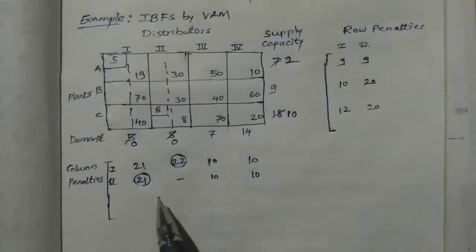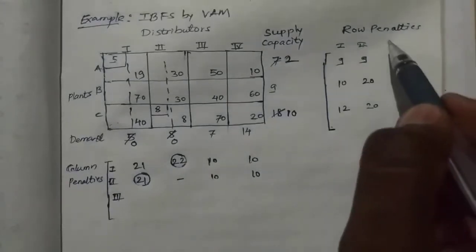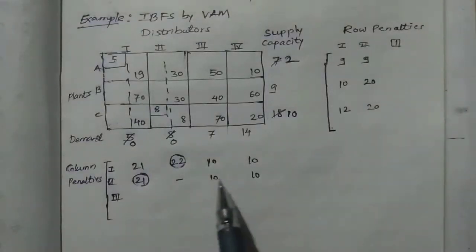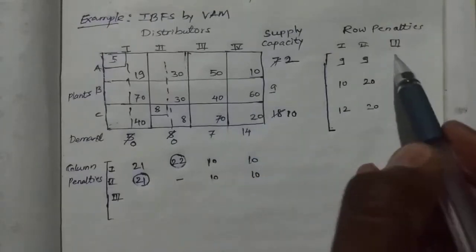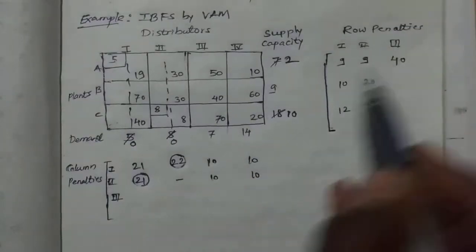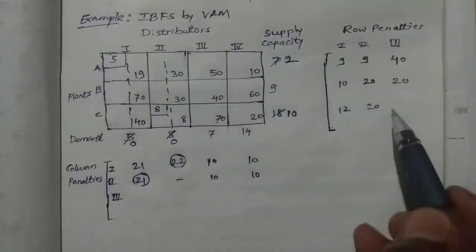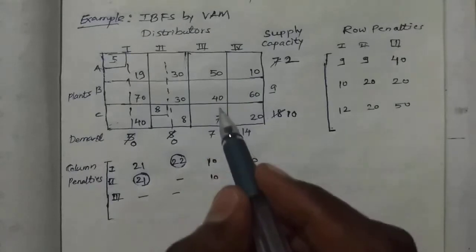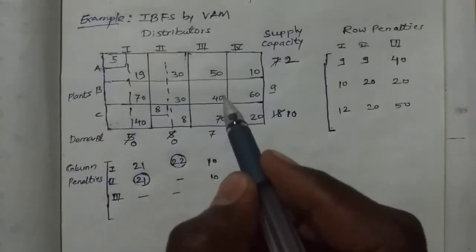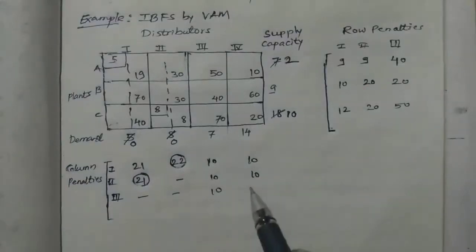Now again calculate the differences for third time. So here difference between these two will be 40, difference between these two will be 20, difference between these two will be 50. Similarly here difference will be 10 between 50 and 40 and here again 10.